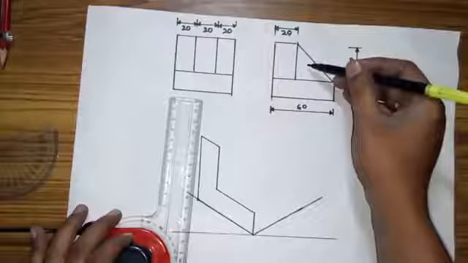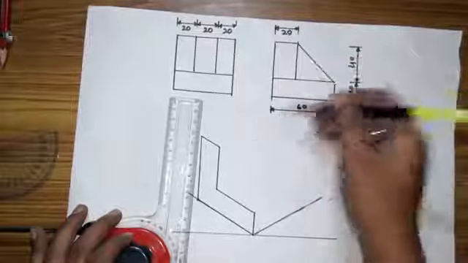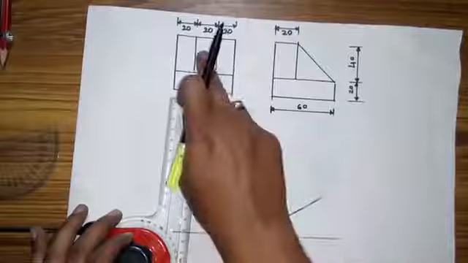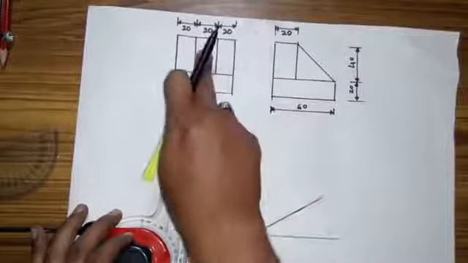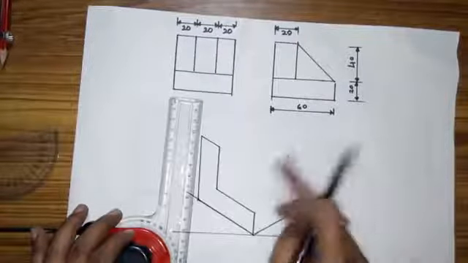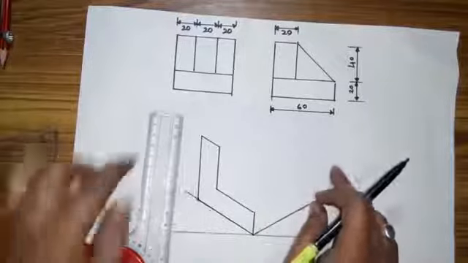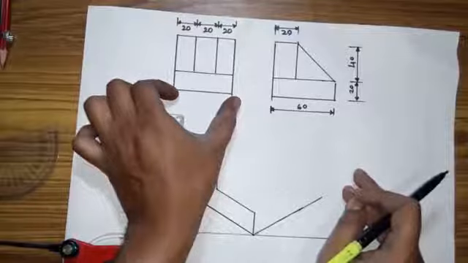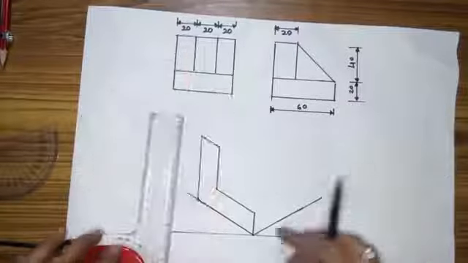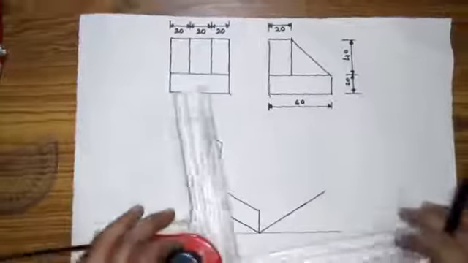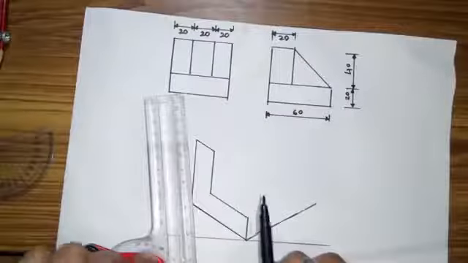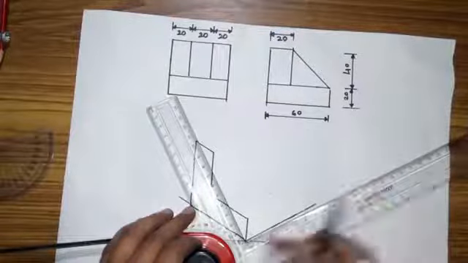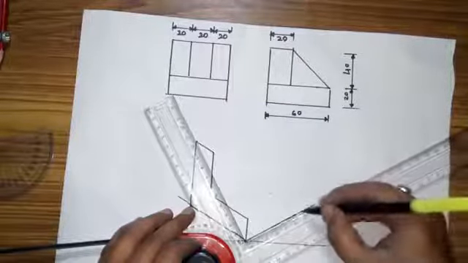What about this figure? A triangle is coming in between, because it is seen here. Okay, so I have drawn this side view, and the remaining front view I am drawing here. The distance of this line is 60 mm, and from here this is 60 mm. From here to here I am keeping 60 mm.